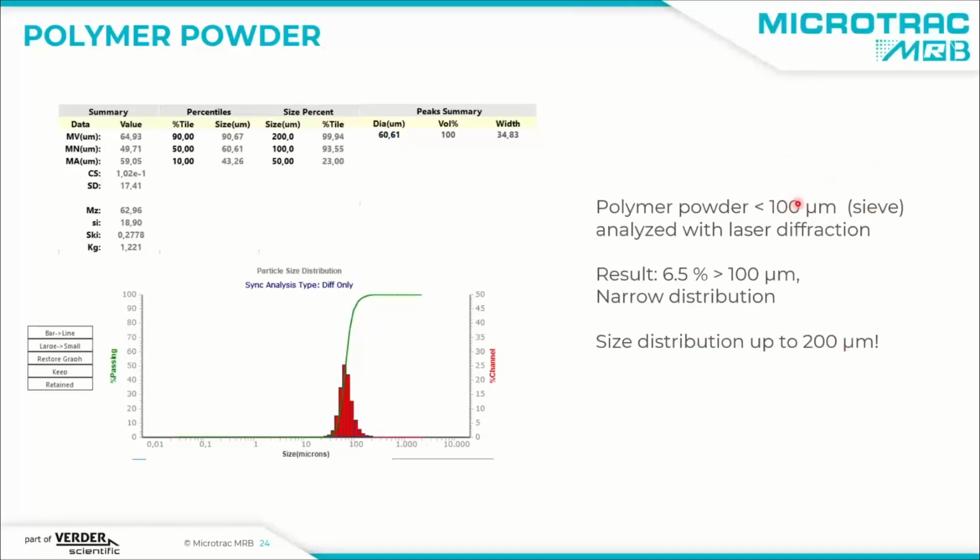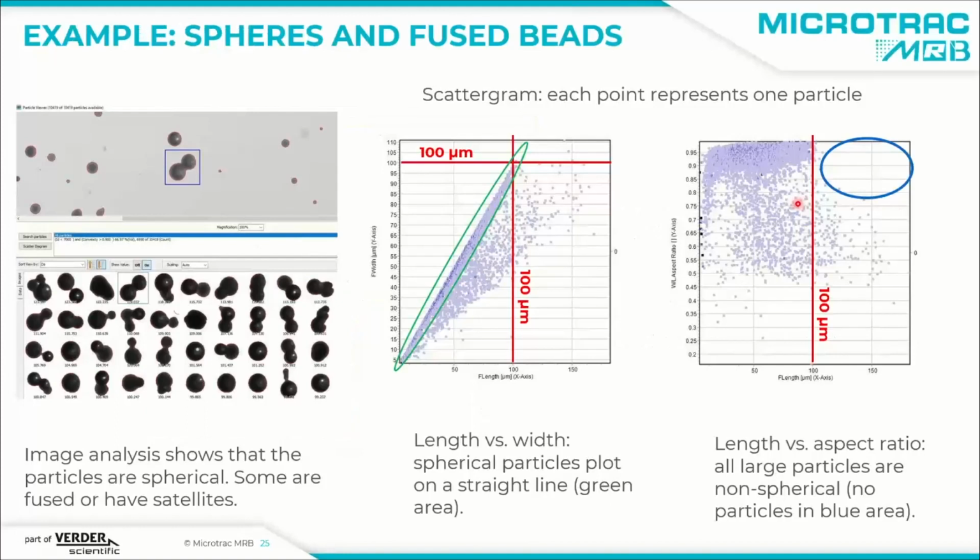You will understand this when you look at the images of the particles. You see here, some of these powder particles are very round, but some are fused beads like this one here, or are satellites like this, or this, or this. So now the laser does not know if it's analyzing width or length.